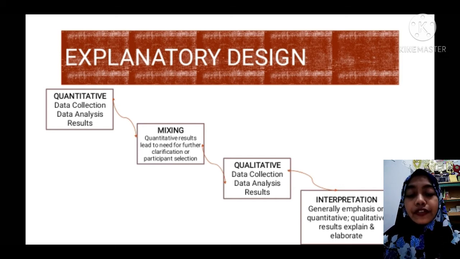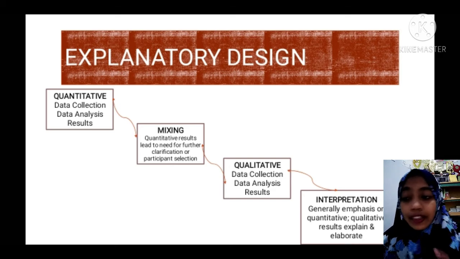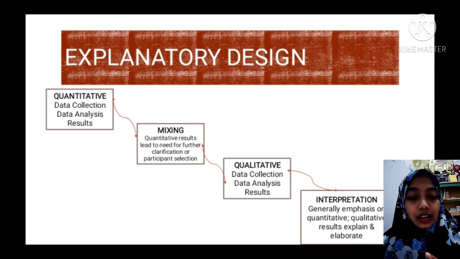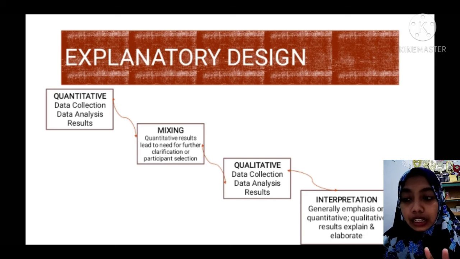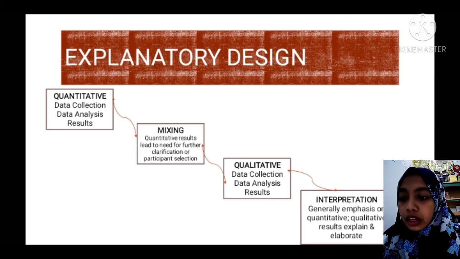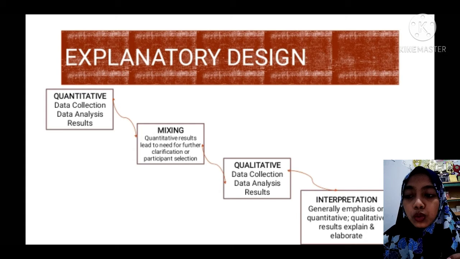First, quantitative data is collected and analyzed, and then qualitative data. So the data analyzed first is quantitative, and the second is qualitative.